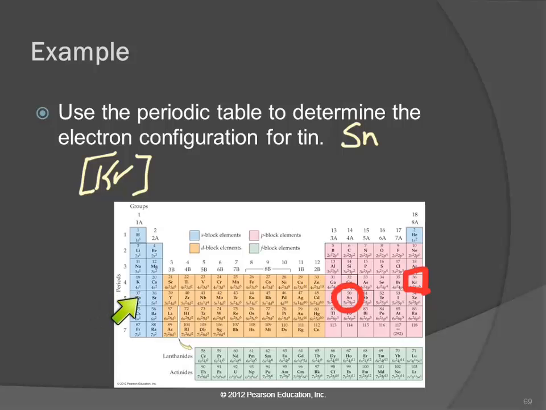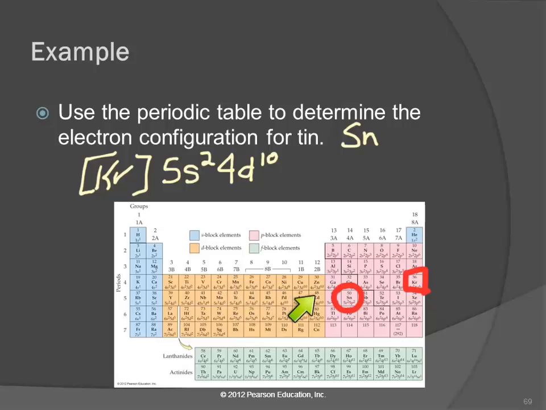Period 5, these are two s electrons. So I'll write that in. This is period 5. That's the s block, and that's being filled up. And then after that comes the d block. The d block is full with 10 electrons, but that's not 5d, it's 4d. So 4d10.